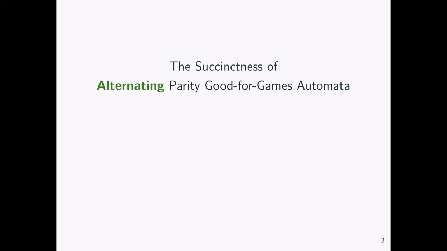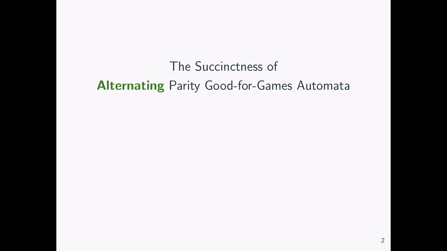When we turn formulas into automata, disjunctions turn into non-deterministic choices, and conjunctions turn into universal choices. So both LTL and the modal mu calculus can be turned into alternating automata without any size increase, while if you want to go from an LTL formula into a deterministic automaton, you have a double exponential size increase.